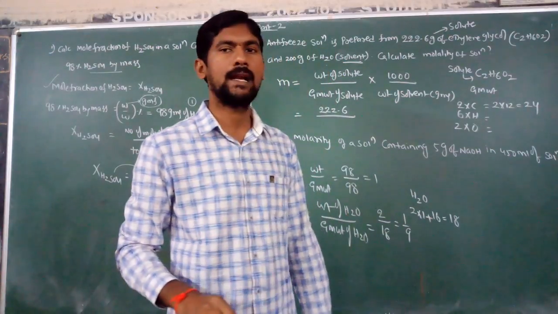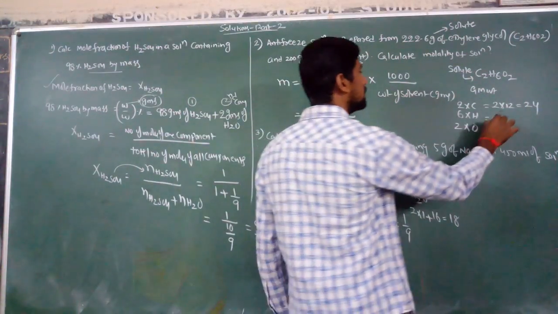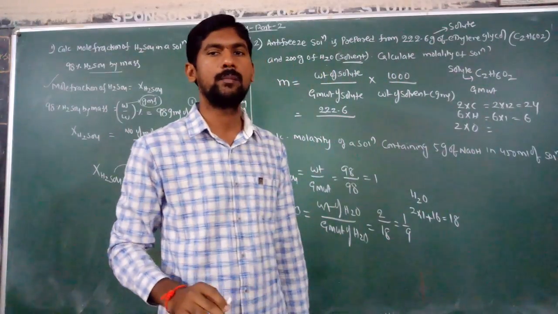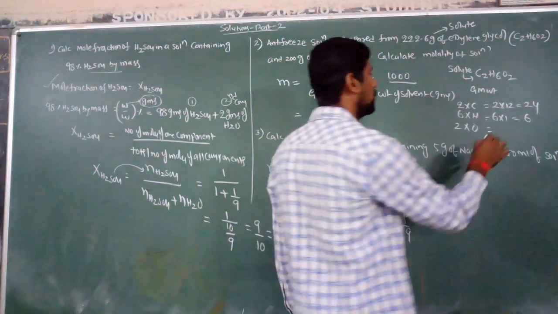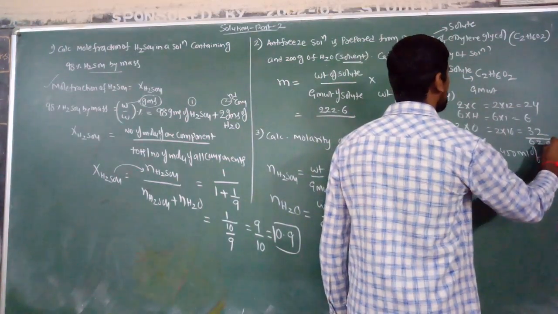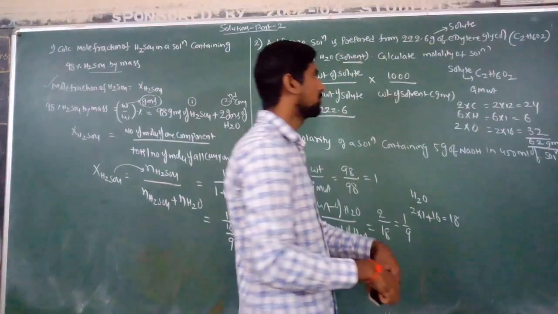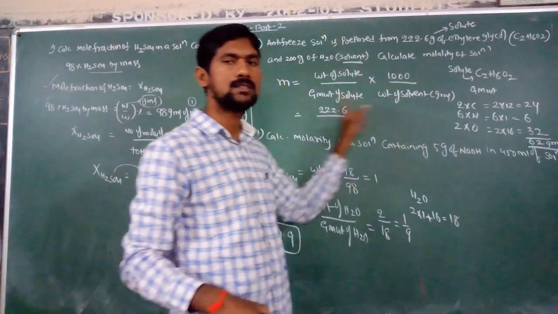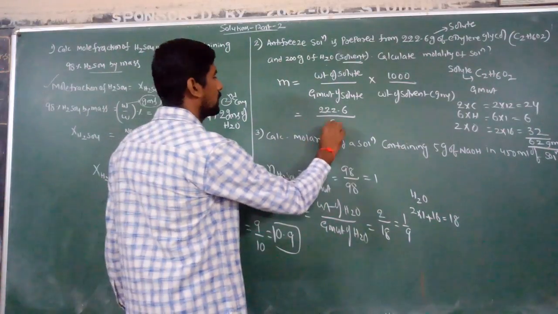Each hydrogen atomic weight 1, 6 into 1 is 6. Each oxygen atomic weight 16, 2 into 16 is 32. Total 62 grams. So the gram molecular weight of solute is 62 grams.